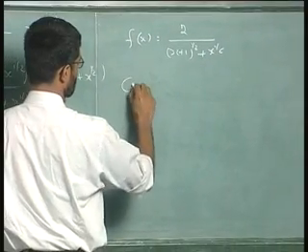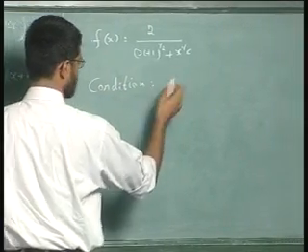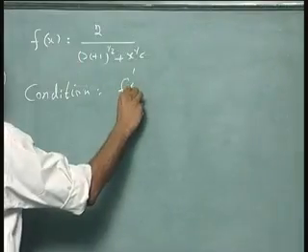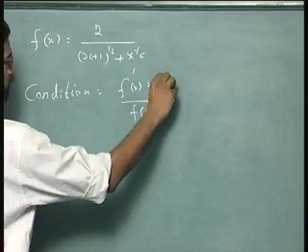The condition, as we just saw, the condition number is the modulus of f prime of x into x divided by f of x.